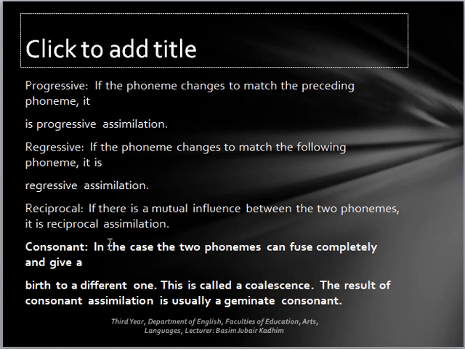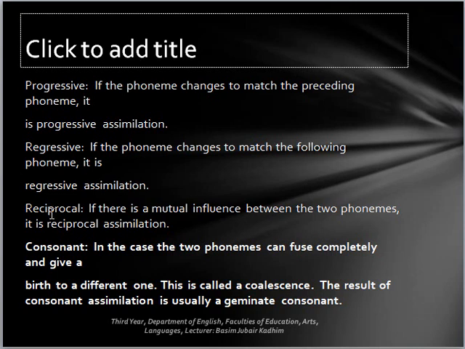Now, here are the types of assimilation. It could be progressive, regressive, or reciprocal. It depends whether the influence is going to be on the preceding or the following phoneme. If the influence is on the following phoneme, it is progressive. If the influence is on the preceding phoneme, it is regressive, backward.